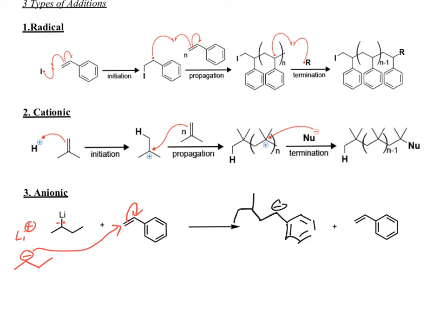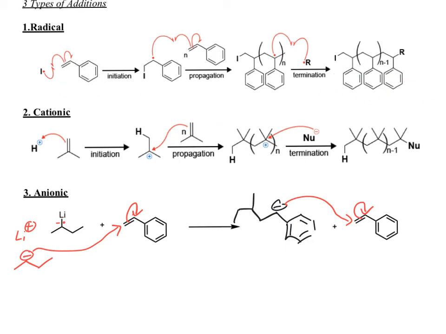Once we have this carbanion, now it's going to look for another monomer, and it's going to react again. And it's going to keep reacting and have that anion until we add in, in this case, I added in some methanol and actually stopped the reaction. It gets the same type of polymer as up here as the radical.